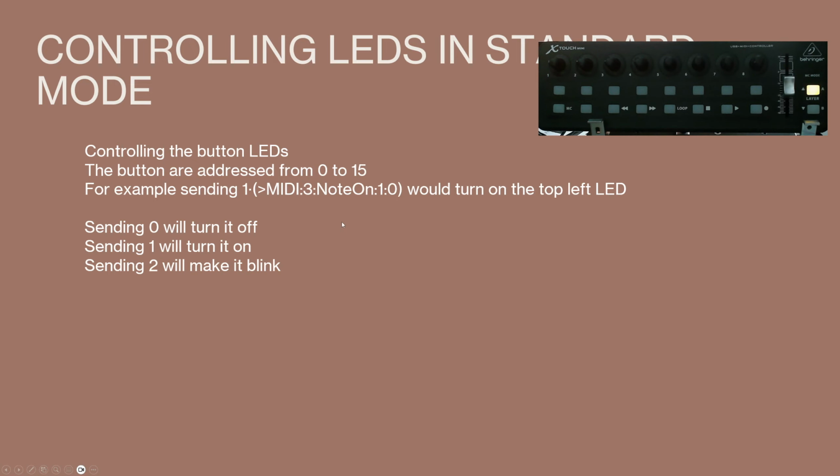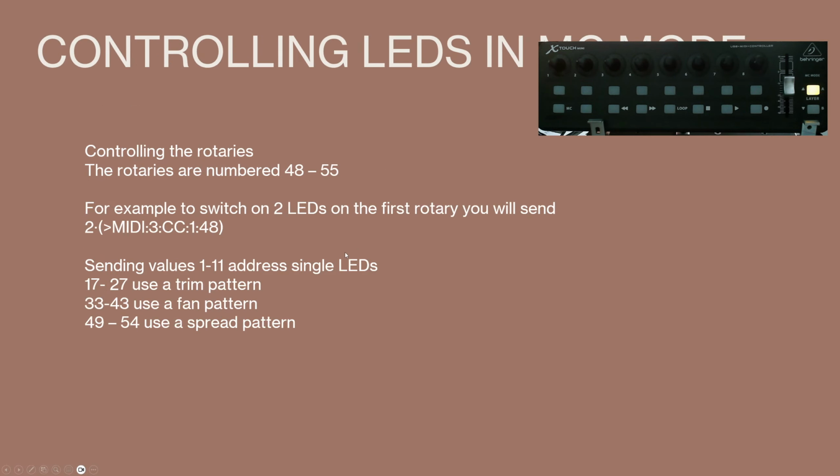Just for information then, on Mackie modes, we're not going to use it, but the Mackie mode is different. When we were controlling the rings around the rotaries in standard mode, we had 1 to 8 to control the mode, and then addressing 9 to 16 addressed the value. This one here just works with the value.